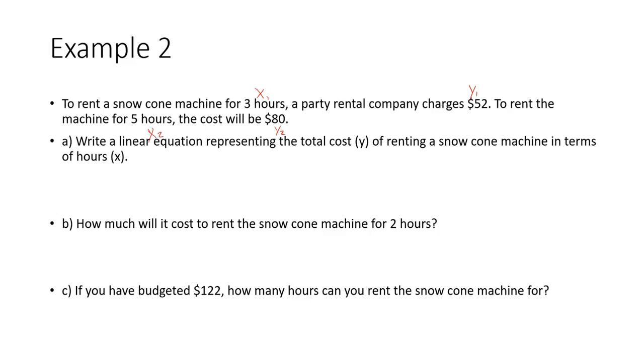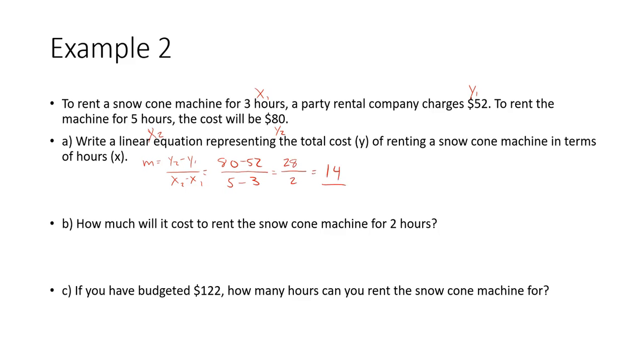So to find the slope, m, y2 minus y1 over x2 minus x1, or 80 minus 52 over 5 minus 3, which is 28 divided by 2, which is 14.